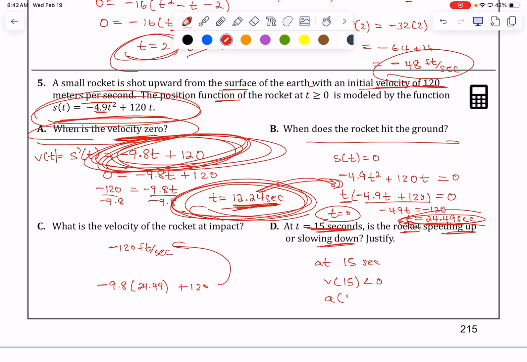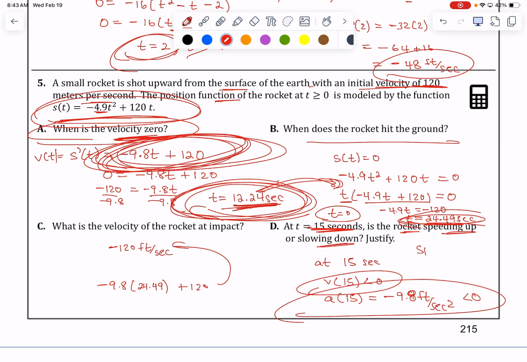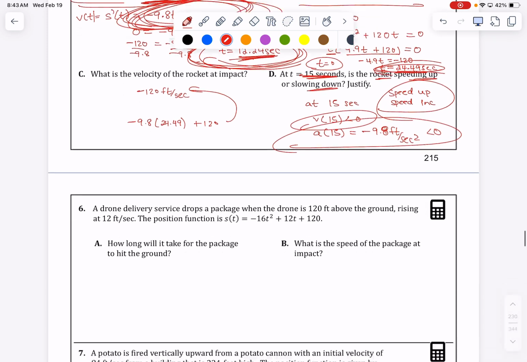And acceleration, we already know, is always negative 9.8 feet per second squared, so that's also negative. Because velocity and acceleration are both negative, we know it's speeding up. Speed is increasing.